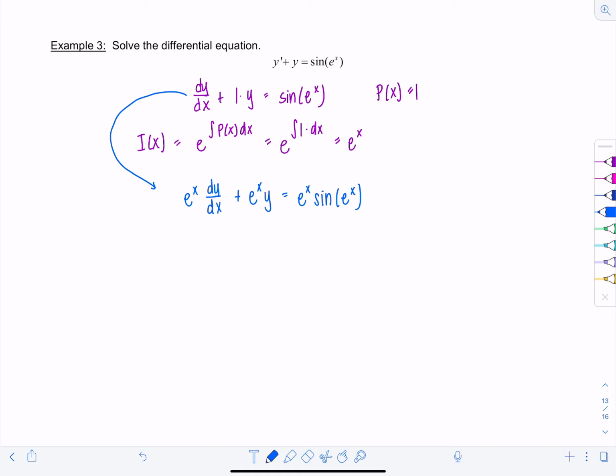All right, now I have to check, this better be the derivative with respect to x of the integrating factor times y. What was the integrating factor? It was e to the x times y. And then here I have e to the x times sine of e to the x. So let's check that everything worked out.